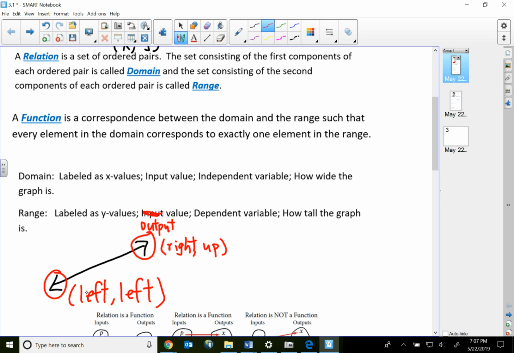The other end, because I'm drawing from left to right, is coming from very, very left and very, very down. So in terms of left to right, which is the domain, how wide is this function? The width of this function is coming from negative infinity to positive infinity. How wide is a straight line? Well, it's infinitely wide.